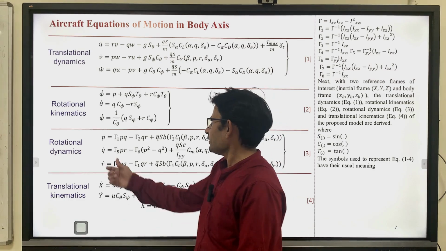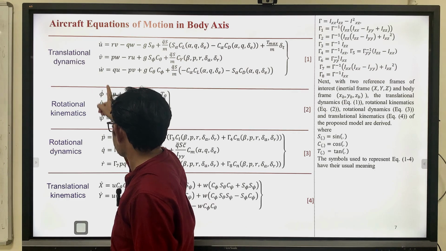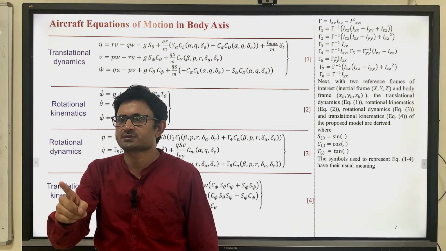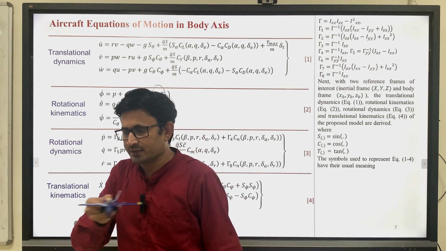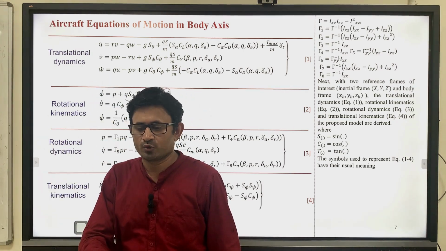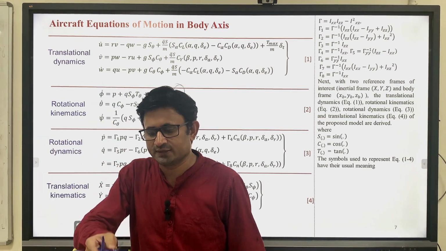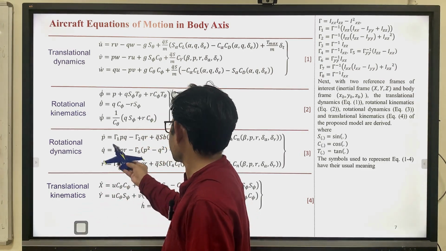But when you go to the dynamics part, u dot, v dot, w dot, p dot, q dot, r dot represent the 6 degrees of freedom. You can translate in this direction, this direction, this direction, u dot, v dot, w dot, and rotate in 3 directions, p dot, q dot, r dot.